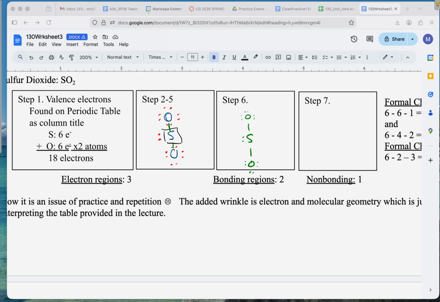It only has 6 electrons around it, which means I need to move a pair of electrons from one of the oxygens towards the sulfur. I don't want to move it from the oxygen to the sulfur, because then what happens to the oxygen? It would lose its octet, and that doesn't work out. So I need to move it to a space where both the sulfur and the oxygen have access. So I'm going to move that pair of electrons to there.